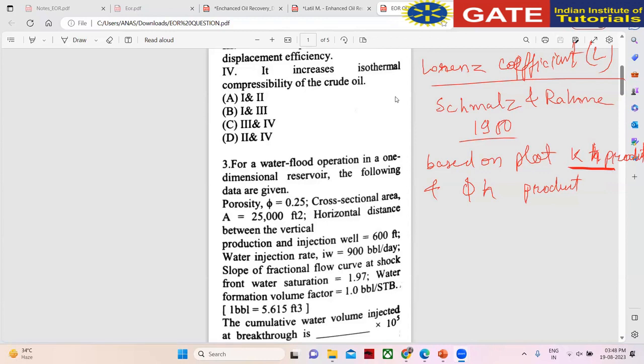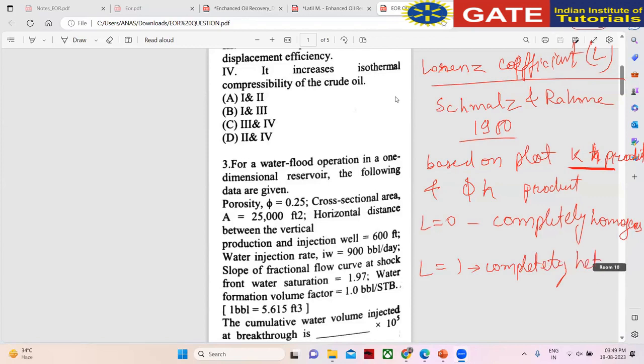So the Lorentz coefficient will represent values between 0 and 1. Either L is equal to 0 or L is equal to 1. Okay. So if L is equal to 0, your formation will be completely homogeneous. And if L is equal to 1, your formation will be completely heterogeneous. Okay.